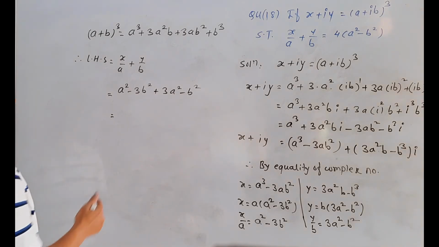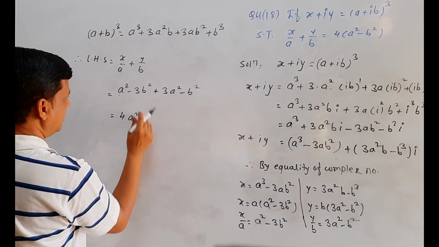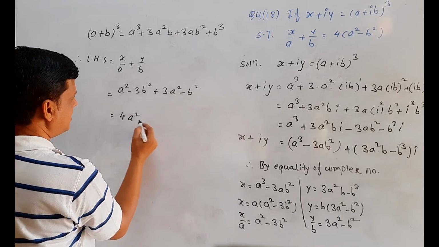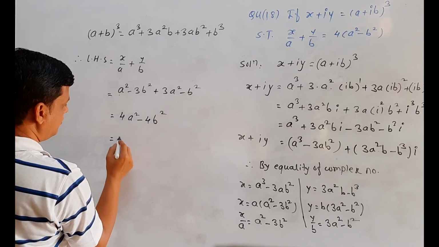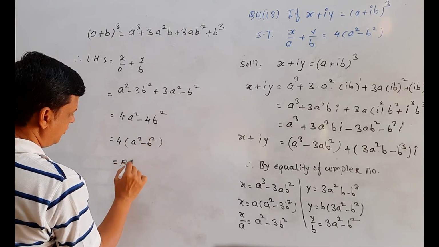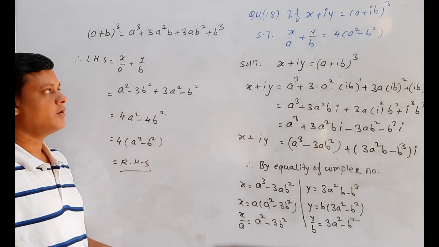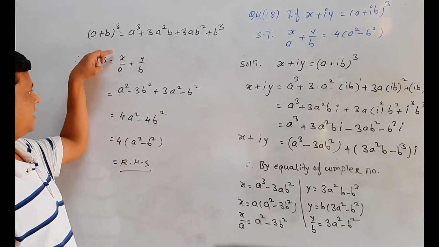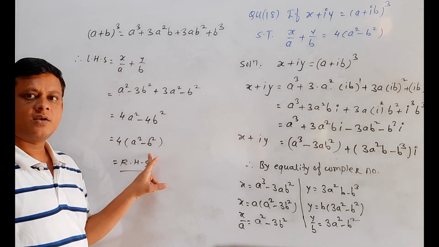Now see the like terms: a squared plus 3a squared, so we get 4 times a squared; minus 3b squared minus b squared, so we get minus 4 times b squared. So taking 4 common, we write 4 times (a squared minus b squared), which is equal to the RHS. So in this way we show x by a plus y by b is equal to 4 times (a squared minus b squared).